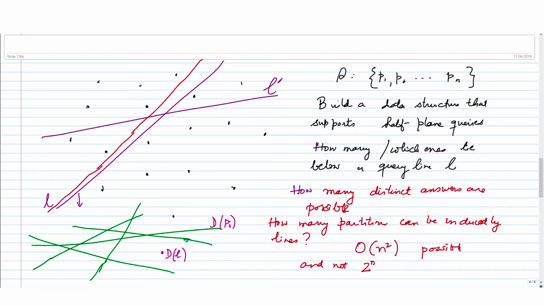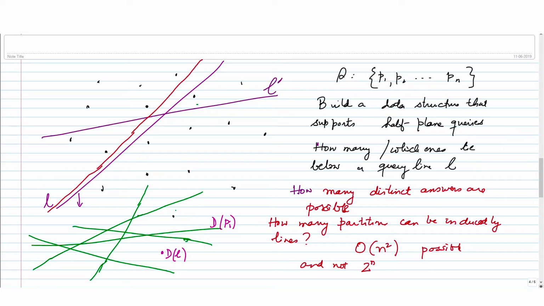So, in the original problem we had to find out which point lies above this line, right. Now, in the transformed problem it becomes what? If this line is above a certain point, then the dual of this point will be above the dual of the line.